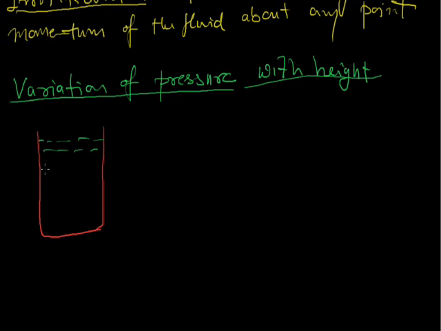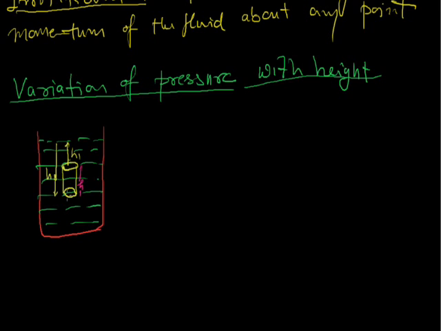The variation of pressure with height. We know that this depth is h1, the depth of the lower part is h2, and the height of the cylinder is h.